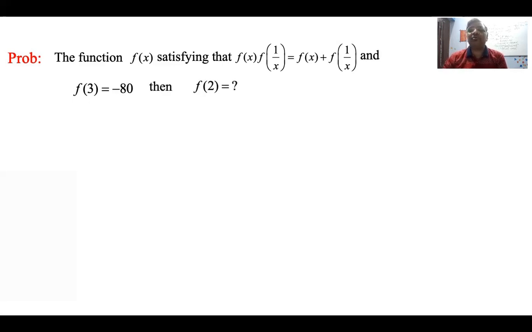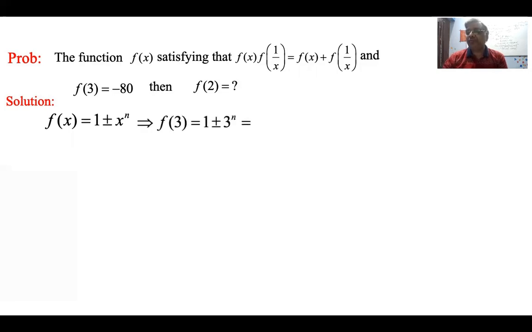Because of that above condition in concept 1, f of x into f of 1 by x is f of x plus f of 1 by x, which means that such a function must be of the form 1 plus or minus x to the power n. But here it is given that f of 3 is minus 80.